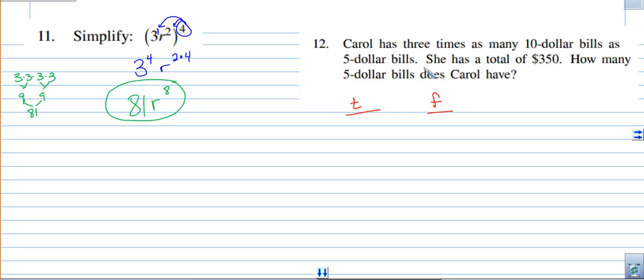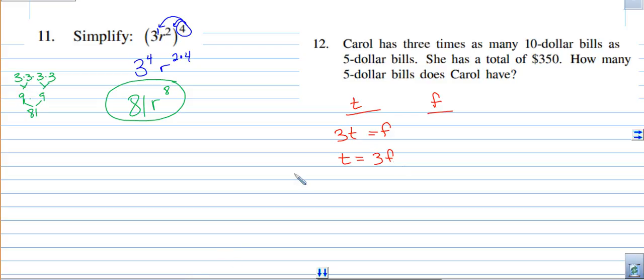You should say there are more $10 bills, because there's 3 times as many tens as there are fives. So you could do 3 times T equals F, or the other way to do it is T equals 3F. 3 times the tens equals the fives, or the tens equal 3 times the fives. It just depends on how you want to look at it.